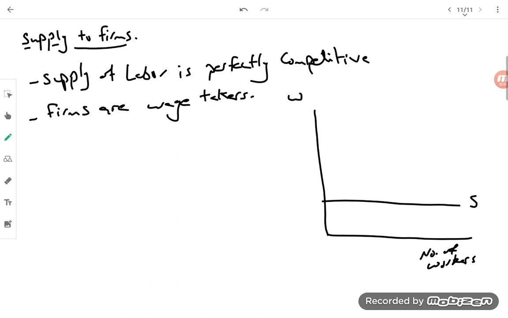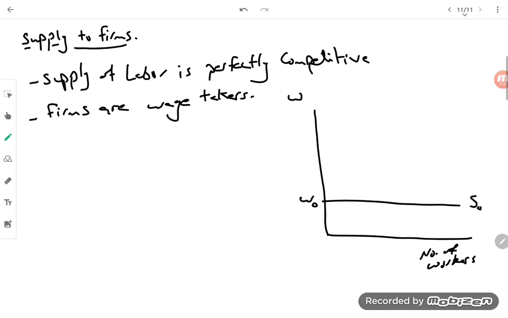If the market wage rate is going to increase, so supply of labor is going to increase. If the market wage rate is going to decrease, so supply of labor with respect to the firm is going to decrease. So this is wage rates.